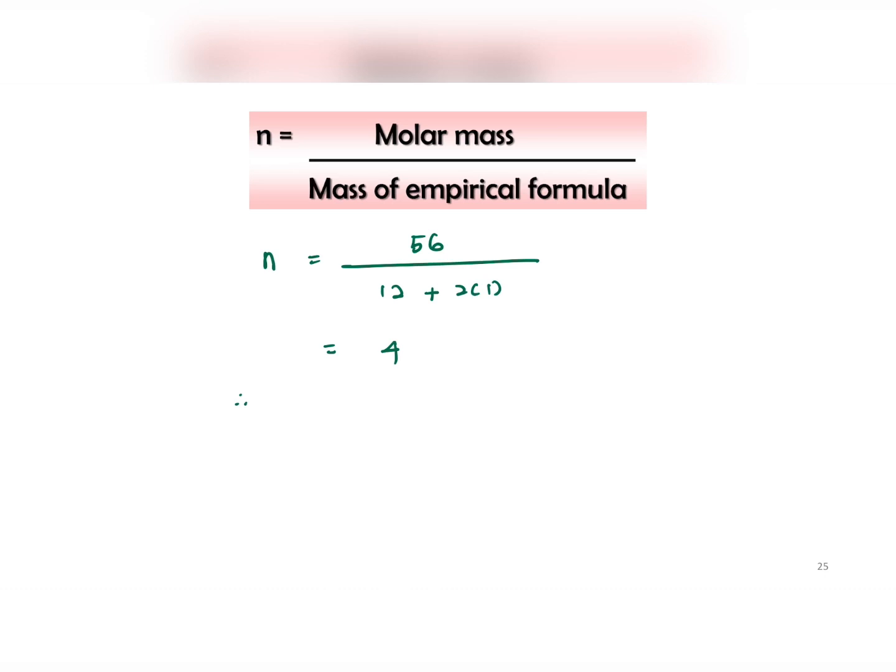Therefore, kita tulis balik molecular formula. Molecular formula is equals to CH2 and kecil dekat situ will be 4. Therefore, kita expand balik, kamu akan dapat C4H8. So, this is the molecular formula.